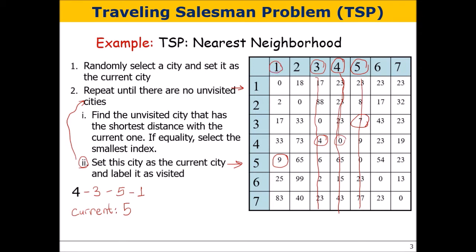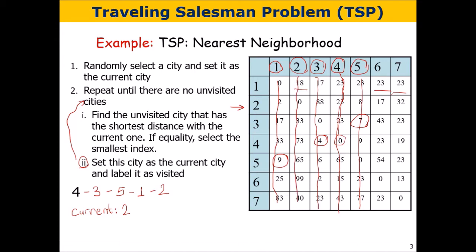We will find the shortest distance from 1 to the other unvisited cities. If you look at this one and this one, we see that 2 has the minimum, so from 1 we are going to 2. So 2 becomes our current, and here I need to write 2 as the current.